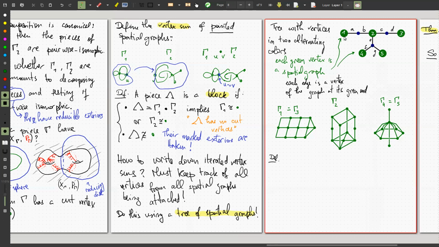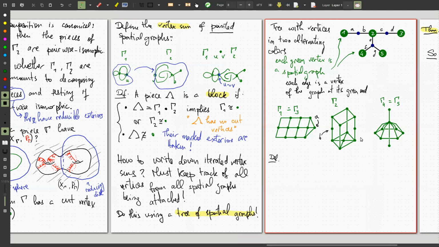So I should label one vertex in this graph by the letter A. And if you allow me, I'm going to pick this one. Edge B should correspond to a vertex in gamma 2, and I want the vertex to be this one here.